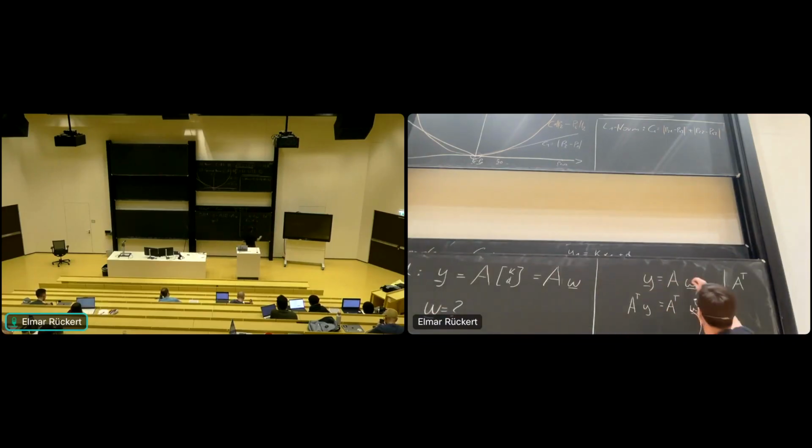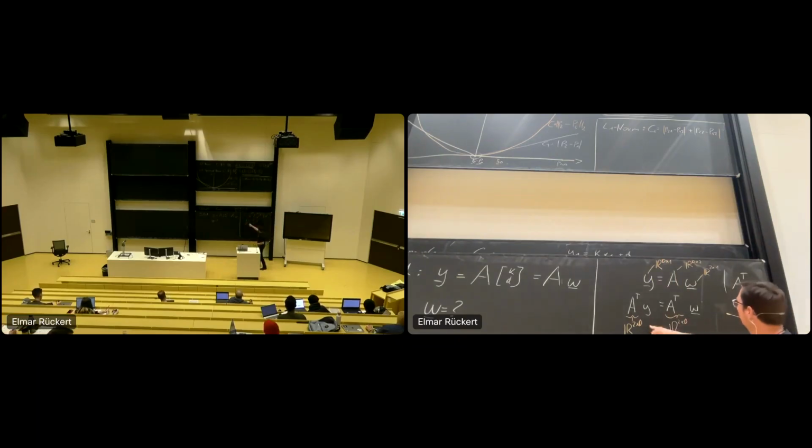If you say A is of the dimension D times 2, W is of the dimension 2 times 1, then A transpose is of the dimension 2 times D. Y is of the dimension D times 1.